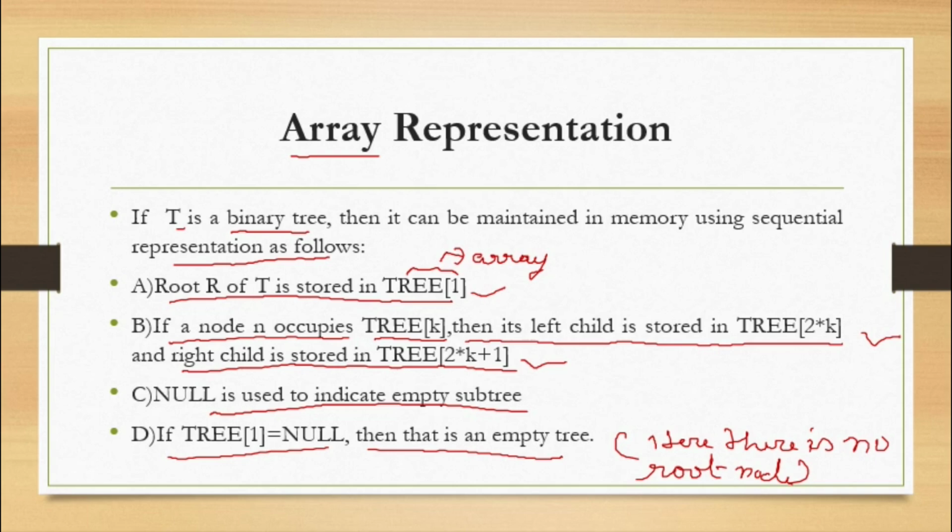So if the root is in the first location, then its left child will be in the second location and its right child in the third location, according to this rule, students. Just keep this in mind, and let us understand it through an illustration.